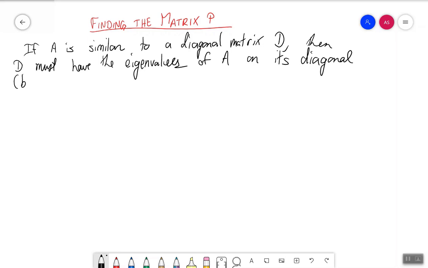And this is by Theorem 4.22e and Theorem 4.15.